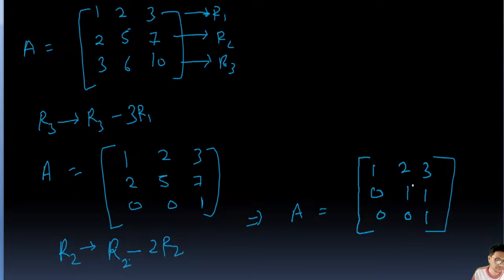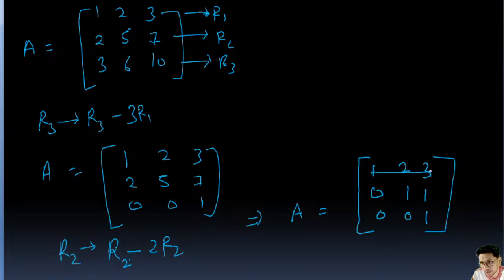Now we know the definition of the rank of a matrix: the number of non-zero rows. It is now converted into an upper triangular matrix, so the number of non-zero rows means there shouldn't be any row of all 0s.